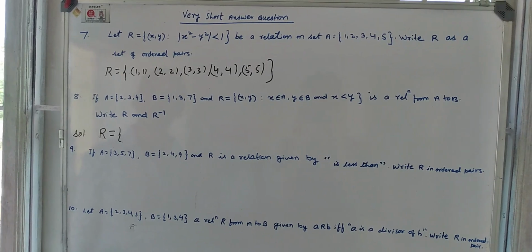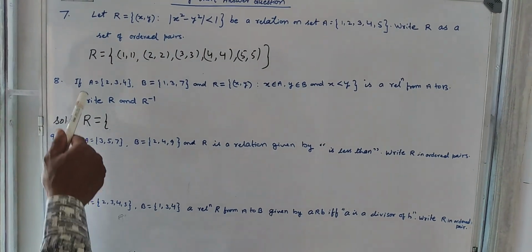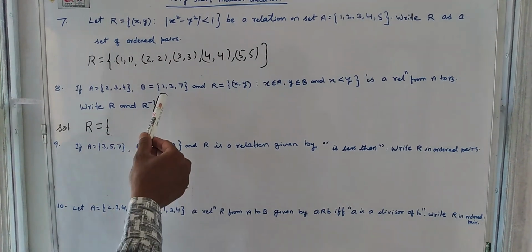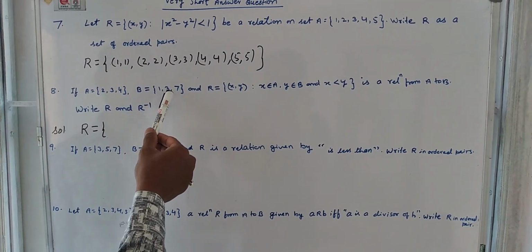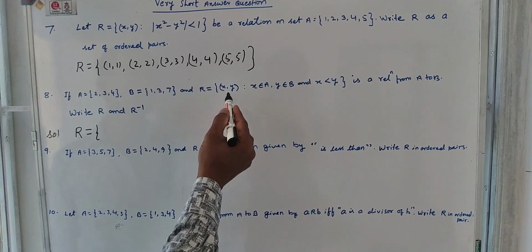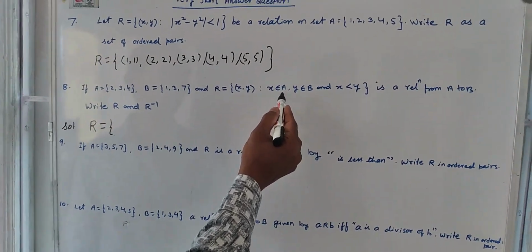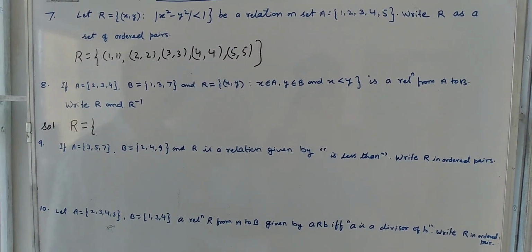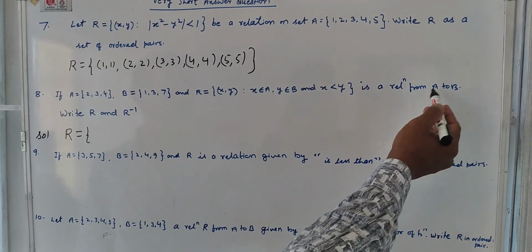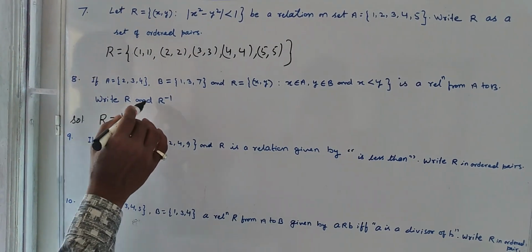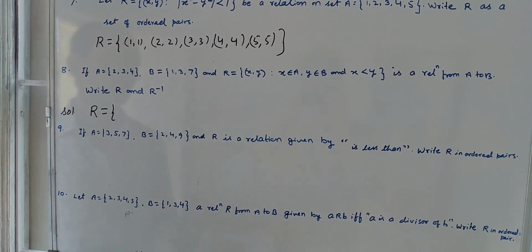Now question number 8. A is a set having elements 2, 3, 4, B is another set having elements 1, 3, 7, and R is a relation whose elements are (x, y) such that x belongs to A, y belongs to B, and x is less than y, a relation from set A to B. We have to write R and R inverse.